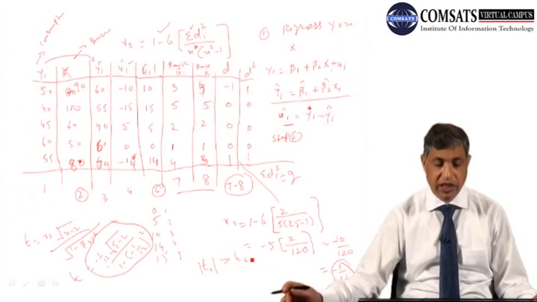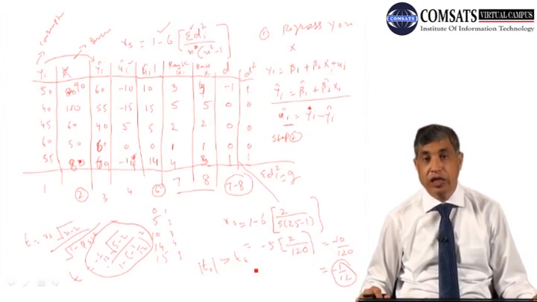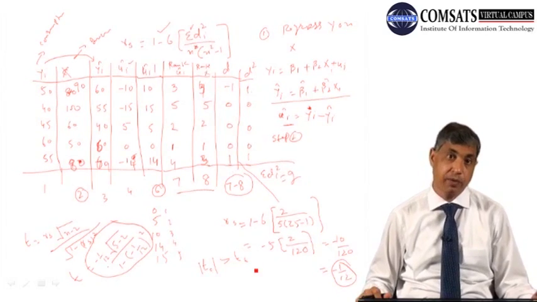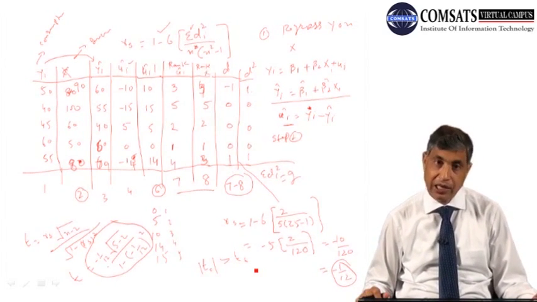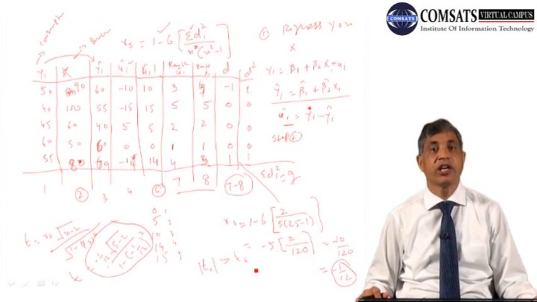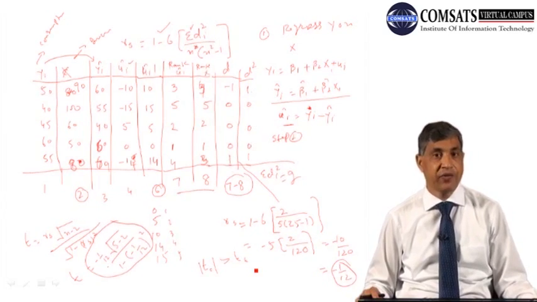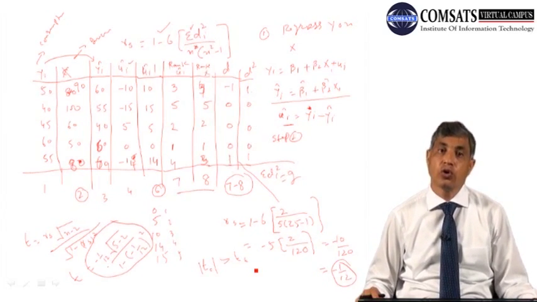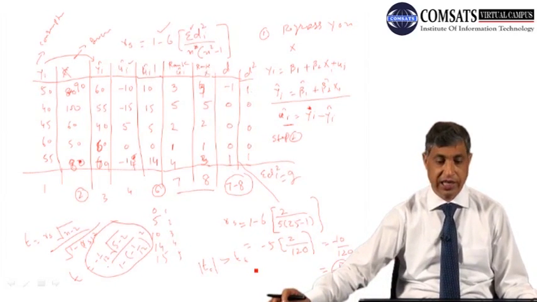So if this calculated T is greater than your T tabulated, we will suspect that there is a problem of heteroscedasticity, and if T calculated is less than T tabulated, we are unable to reject the null hypothesis, and we will say that there is no problem of heteroscedasticity, or that there is homoscedasticity in the data.